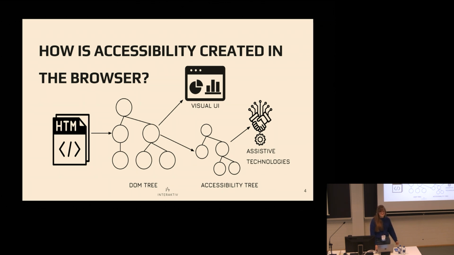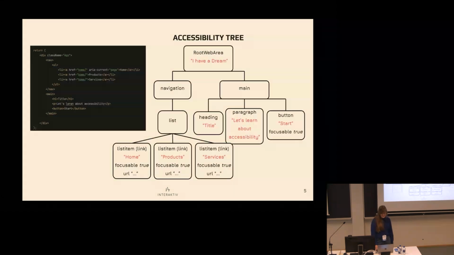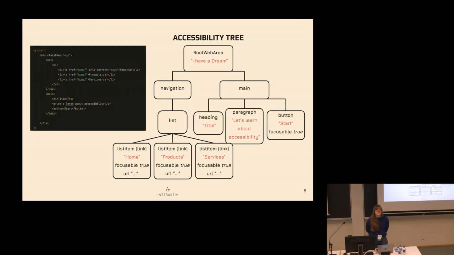So, okay, we learned about it a little bit. Now let's see a better example. Here is the code of a very simple web page. It has only navigation and a main part, and you can see in the schema how it is presented in the accessibility tree. So you can see there are some differences.